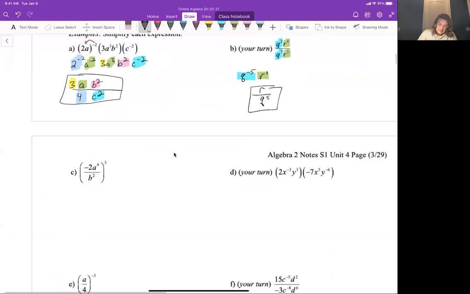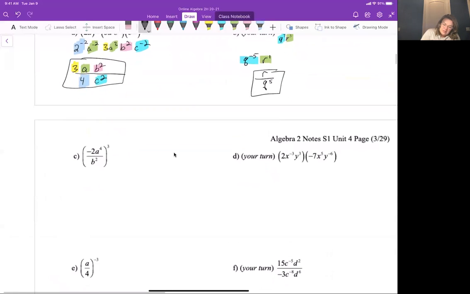All right, let's continue on. So I have a parentheses. The first thing that I would do is take that 3rd power and multiply it times every single power that is within the parentheses. So I would have negative 2 to the 3rd power, a to the 12th power, and b to the 6th power.